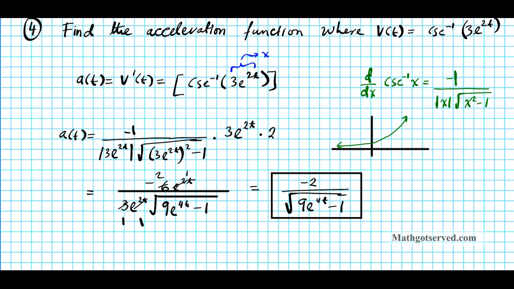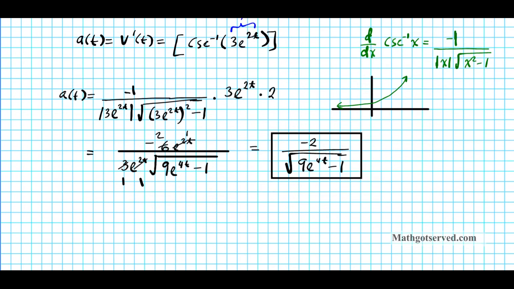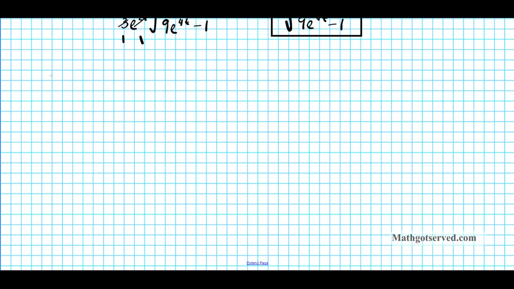Alright, let's take a look at the last example. Example 5. For number 5, we're going to find y prime, where y is equal to the inverse tan of 1 over x, plus the inverse tan of cotangent x.